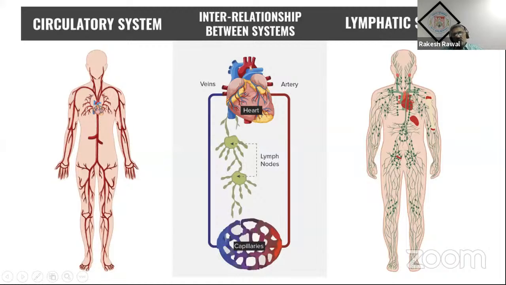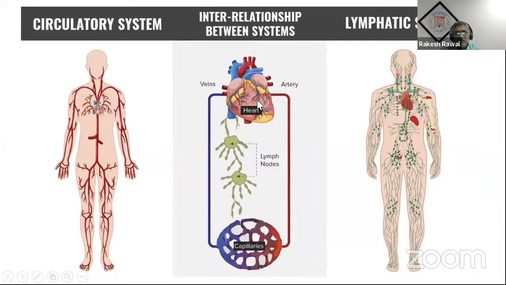And to keep these immune cells in circulation so that they can reach each and every organ of the body, starting from the nostrils to the genitalia, there are two major pathways, which we call highways. One is the circulatory system, where blood is the carrier. The other is the lymphatic system, where the lymph nodes and lymphatic vessels and their channels carry the lymphocytes.